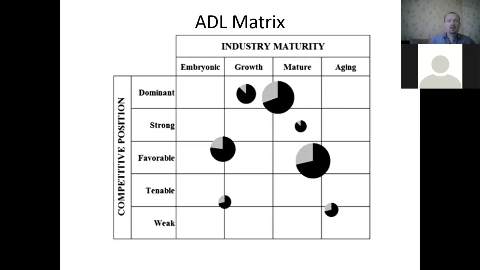There are generally more matrices, but within our course we analyzed the most important ones: BCG, General Electric, the Hofer matrix, and as a next generation of the Hofer matrix, the matrix of Arthur D. Little.